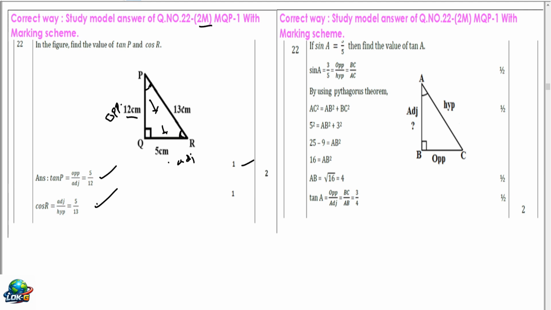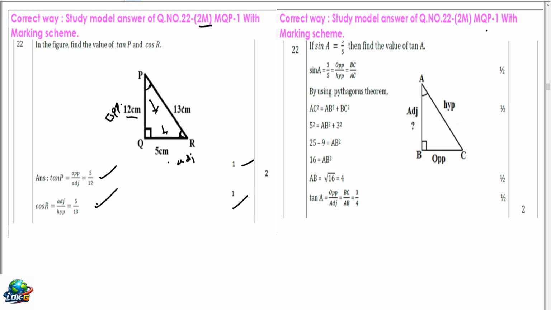Many of you made mistakes in the preparatory exam, even in such simple questions. Carefully learn. When you take angle R, the side opposite will be opposite. When you take angle P, the side opposite will be opposite. Hypotenuse will be common, and the other will be adjacent. If you keep that in your mind, it will be okay.